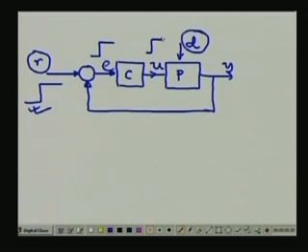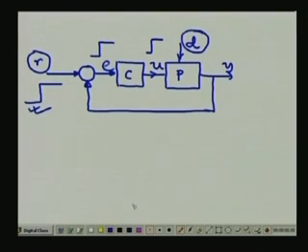but that does not happen when there is a change in disturbance level. So, even if you have a disturbance D changing here, the effect of this disturbance to come on the output takes some time, because the disturbance has to enter through the plant and then travel to the output.